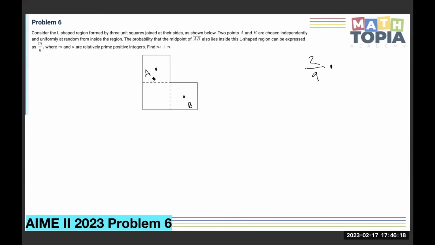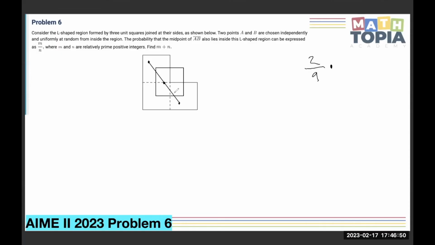Well, let's think about this. Instead of imagining the squares like this, let's imagine this square in between them. And we can imagine, how is the midpoint really determined? The midpoint will always lie on this mid square.